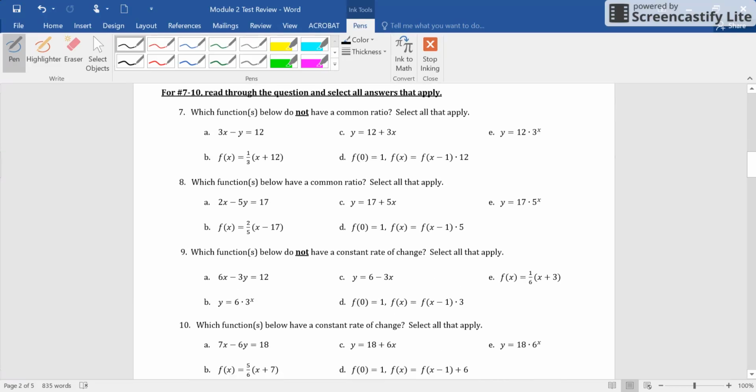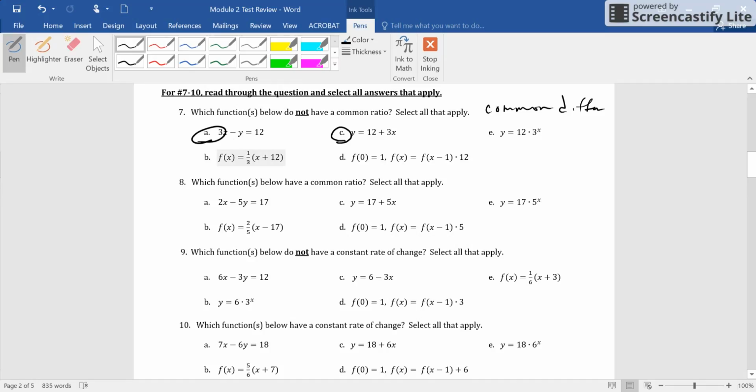Okay, which functions below do not have a common ratio? All right, so this means do not have a common ratio, so that means they would have a common difference. Okay, number 1, this looks like a linear equation. We have the y and x, and there's no exponent here, so I'm going to circle that. 3x plus 12. Again, that looks like slope-intercept to me, so I'm going to circle that.